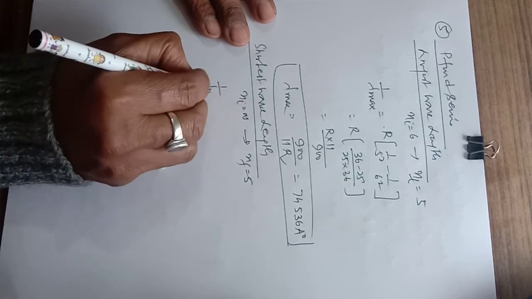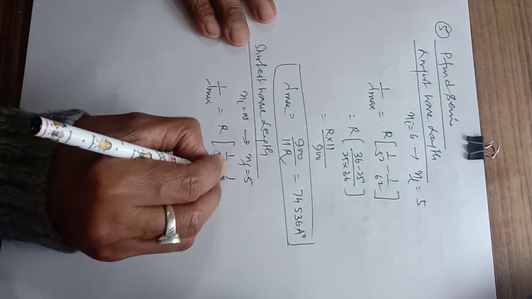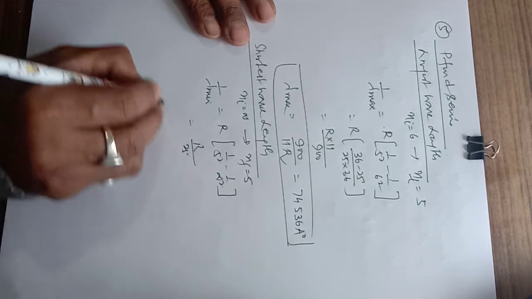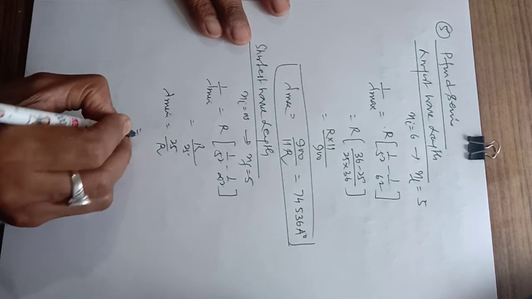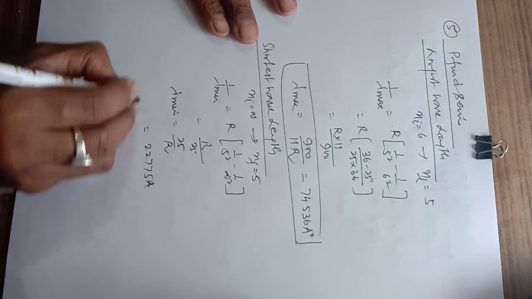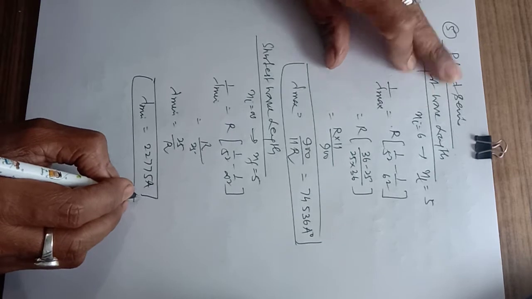In that case, this is the minimum. So that is R into 1 upon 5 square minus 1 upon infinity square. So it is R upon 25. So lambda minimum is equal to 25 upon R. It will give you a value of near about 22.7 angstrom. This is the lambda minimum value under the category of the Pfund series.